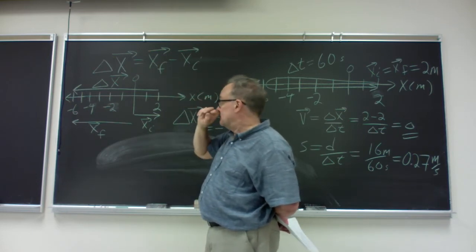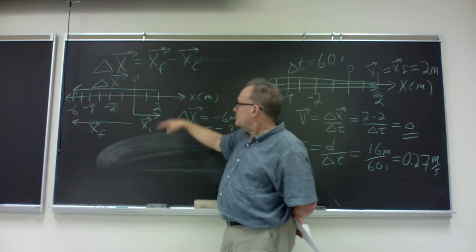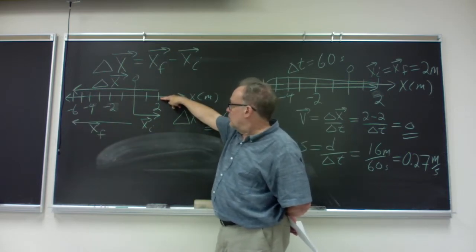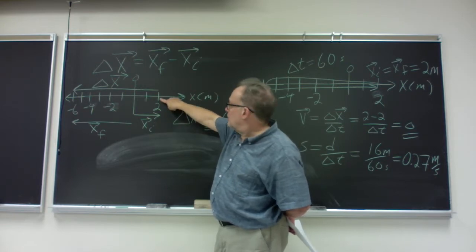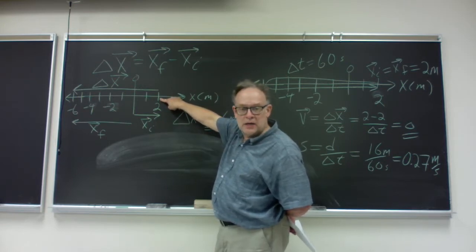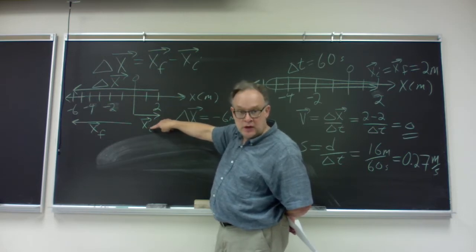So imagine a couple different locations along this line. Imagine a little bug starting out at the 2 meter mark here on the positive side. So we could represent the initial location with a vector.